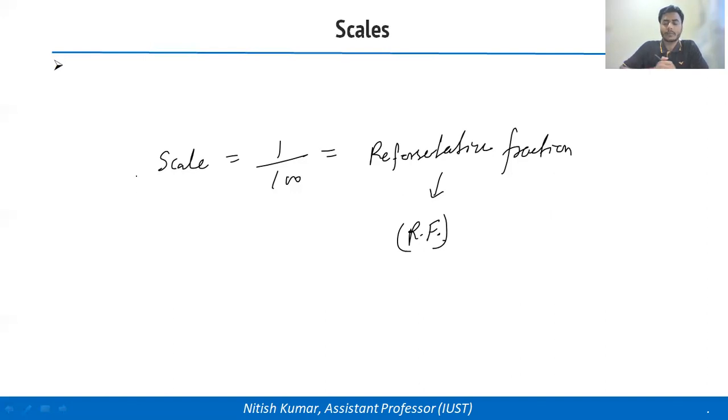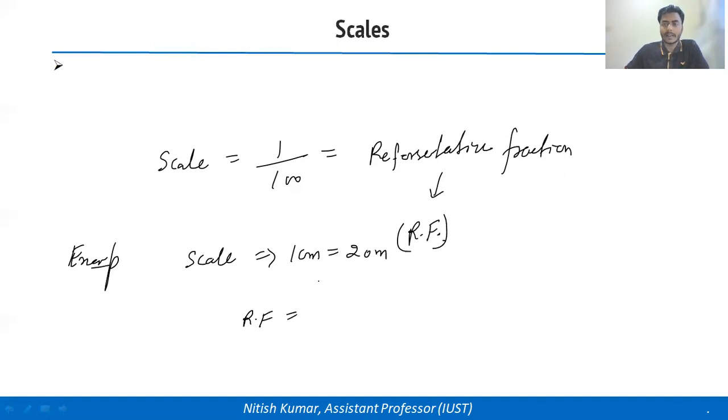So there are two basic methods. One, you write like 1 centimeter is equal to 10 meters, where 1 centimeter represents the map distance and 10 meter represents the ground distance. When you write it as a ratio, you convert. Let's take an example: a scale is given, 1 centimeter is equal to 20 meter. What will be the RF?